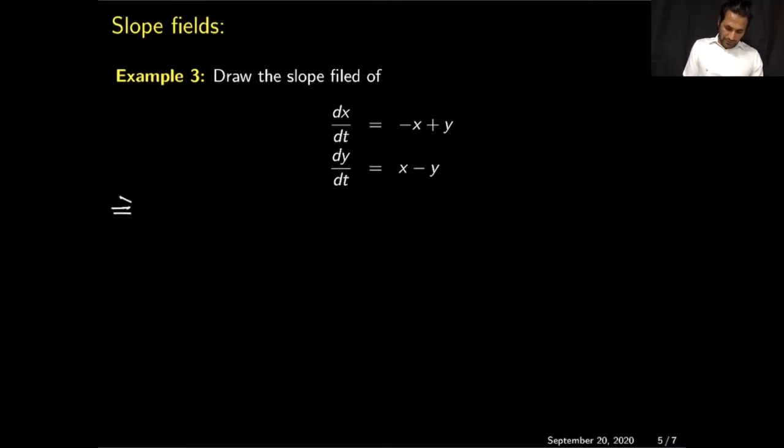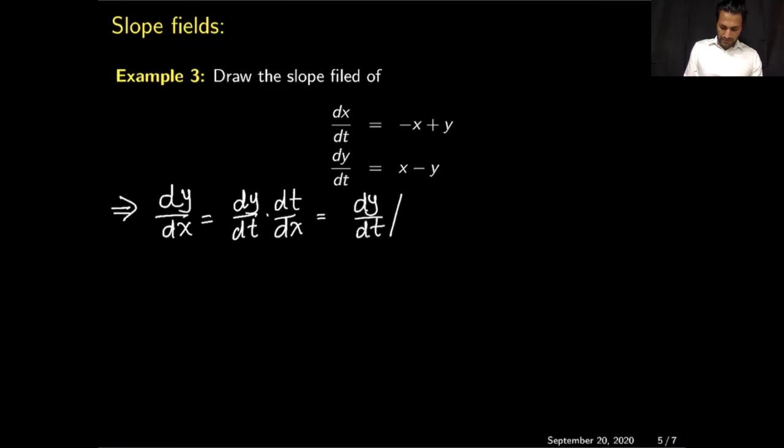To begin with, I will use the chain rule, dy by dx is equal to dy by dt times dt by dx, which informally we can write as dy over dt divided by dx over dt. Here dx over dt is given as x minus y, and dy over dt is given as minus x plus y.